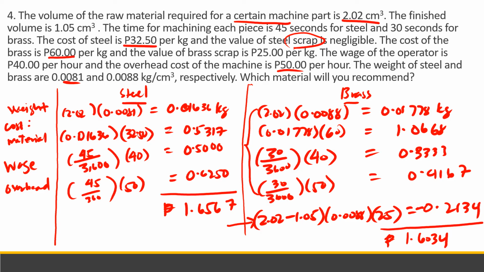So using brass will give us saving. So meron siyang saving na 0.05 pesos. So that is how you compare among the materials.